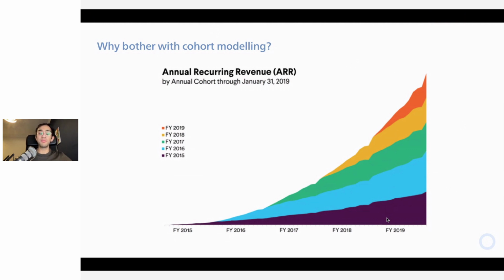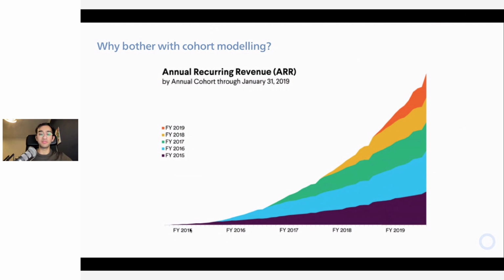If you're building a model for your customers and things like churn rates or expansion rates are not constant over time, you really need your model to be able to split your customers into different cohorts so you can apply the correct churn rates, retention rates, and so on at different points in time. So cohort modeling is really crucial when aspects of your model actually change over time.